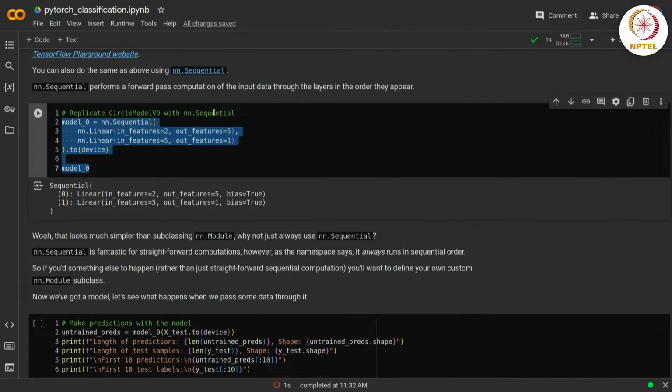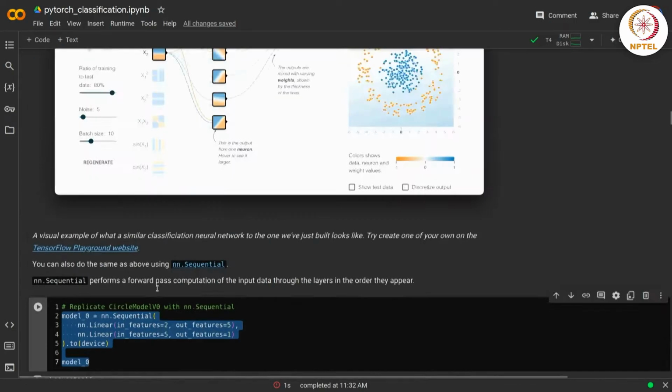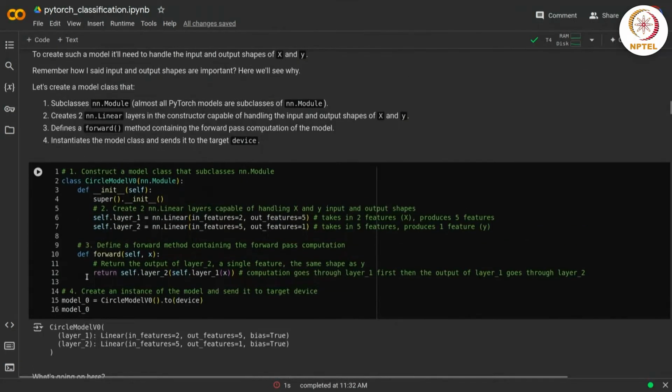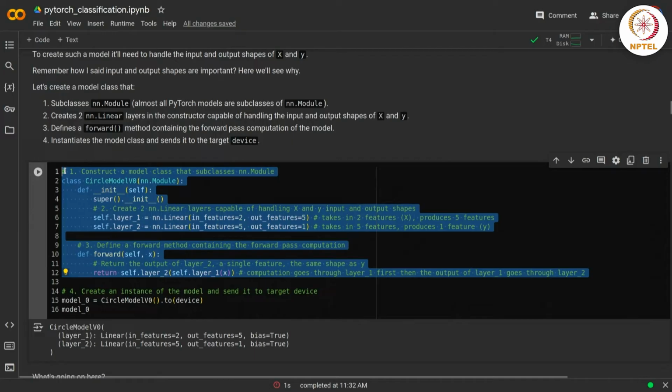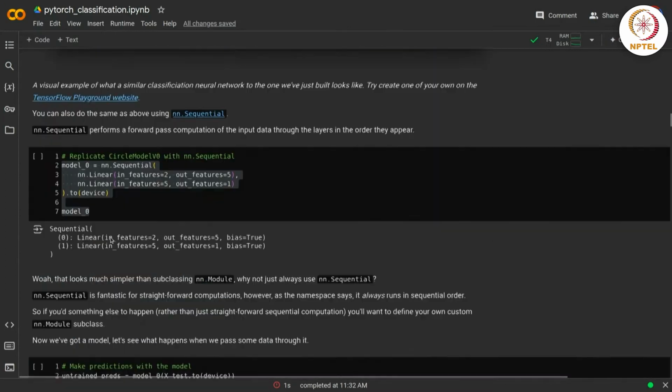It is a very simple feed forward neural network, but this is not always the case, right? Sometimes it's not a correct assumption to make that the input is progressing through the neural network in a sequential manner, one after another. So that's why for prototyping more complex neural networks, we would go to defining that neural network using this kind of class definition as opposed to nn.Sequential.